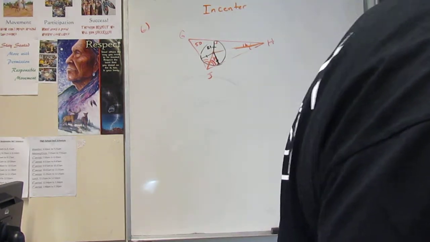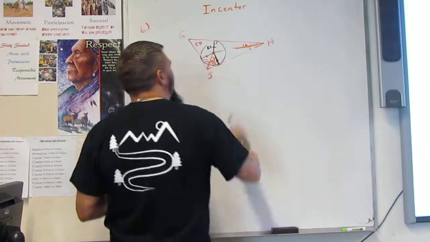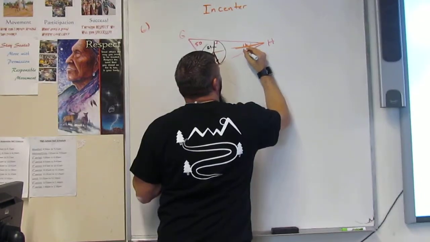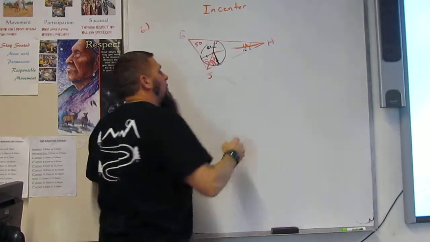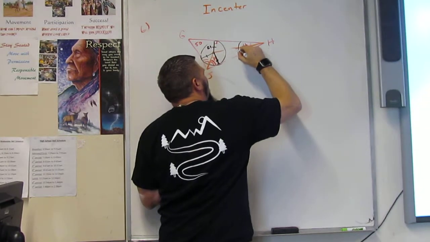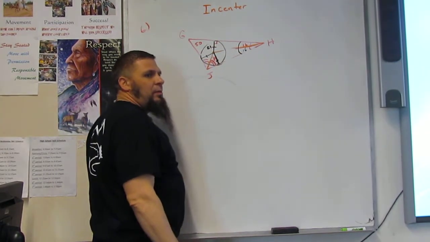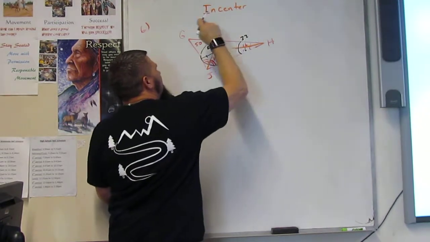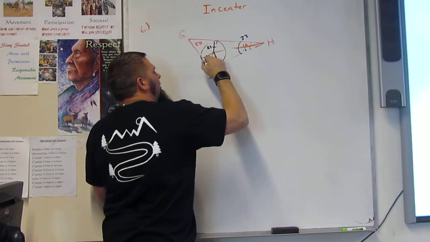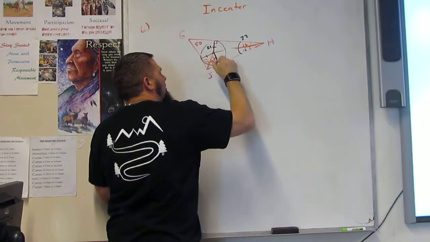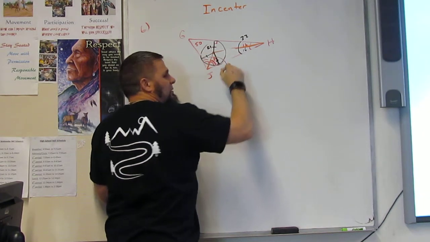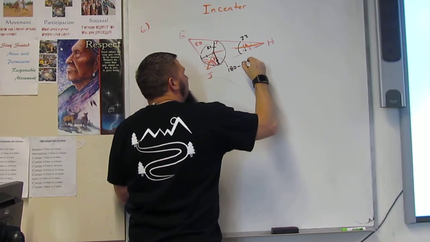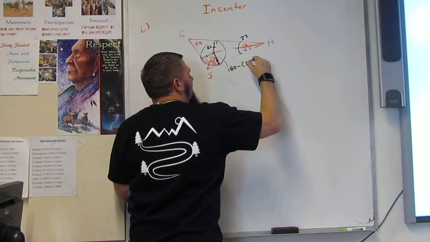Well, one thing I know is if this is 16, what's this? 16. So what's the whole? 32. And so if this is 32 and this is 50, then this big one right here would be 180 minus the addition of 50 plus 32.